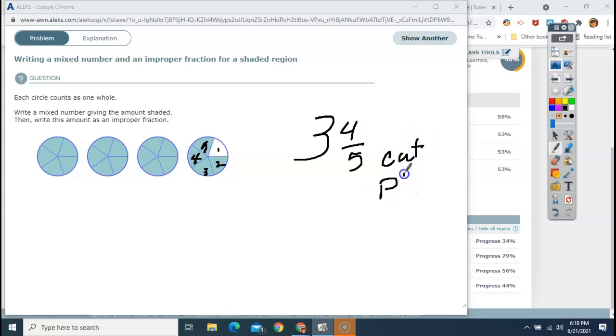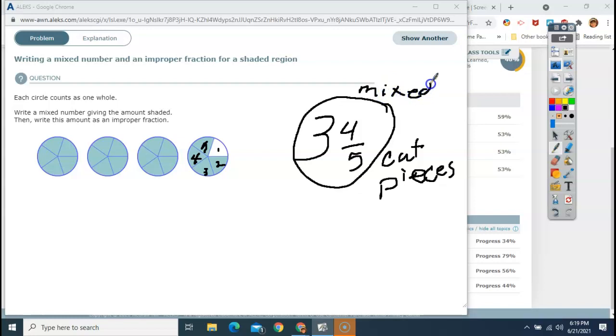Cut pieces. I'm going to put that right there. All right, so cut pieces. So now this is the mixed number. Now I'm going to write the improper fraction because all of these are in 5s. This is 5, 5, 5.